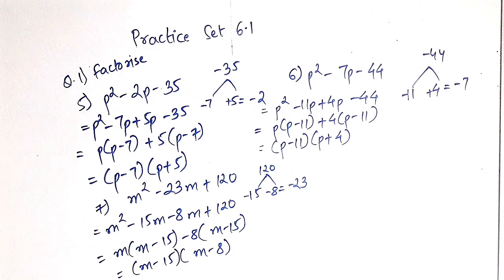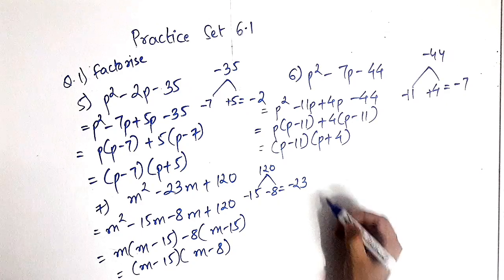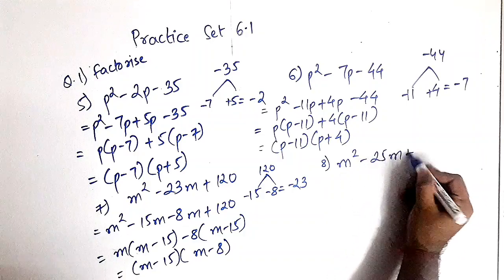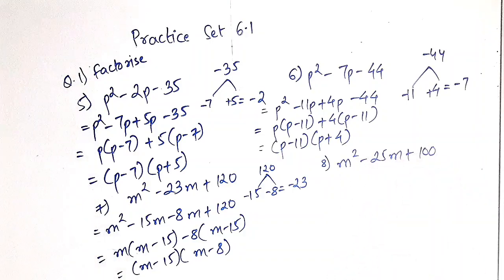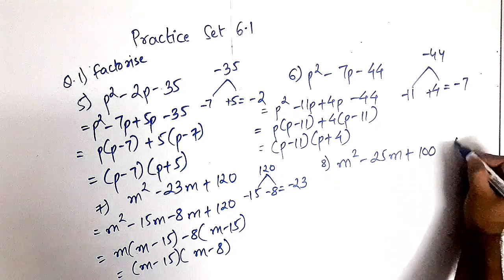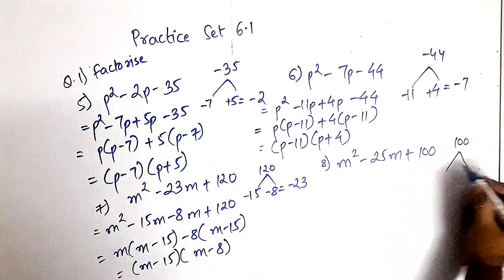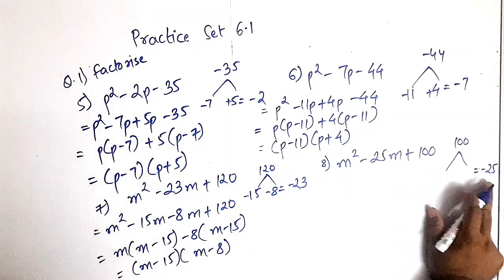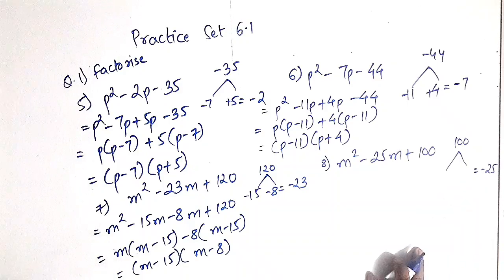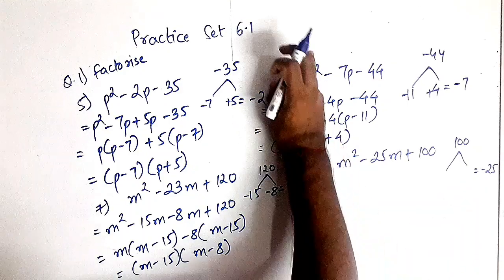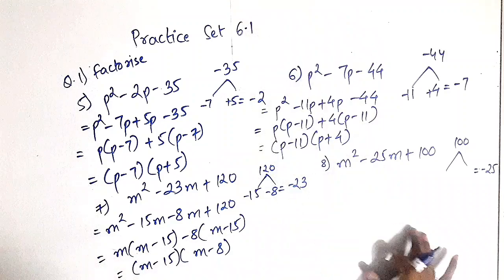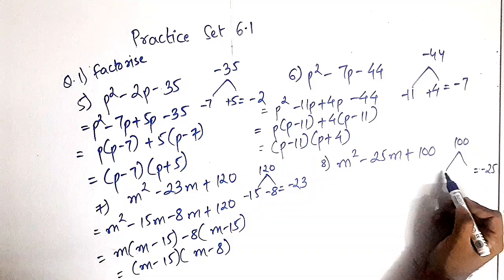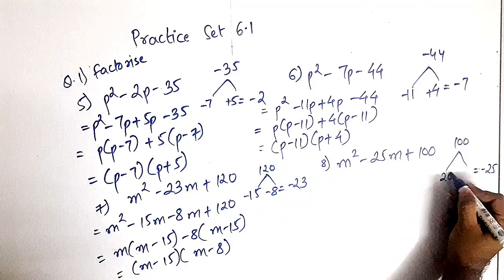Now let us move on to the eighth one, which is m square minus 25m plus 100. 100 does not have too many factors. 10 tens, I want the sum to be minus 25. 10 tens will give me 100, but it will not give me 25. Another one is 4 25s. Yes, 4 25s will give me 100.